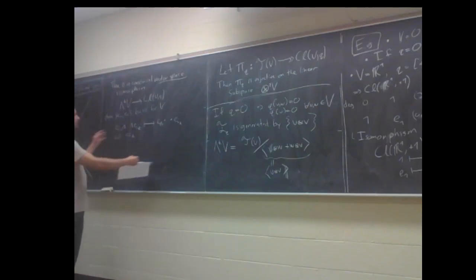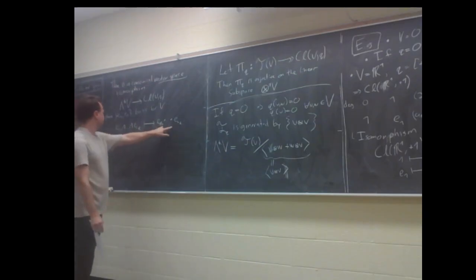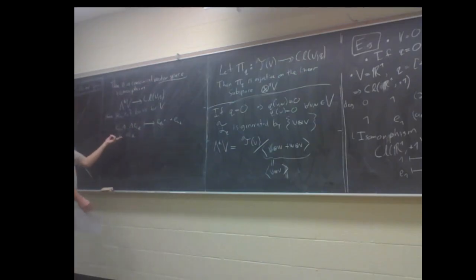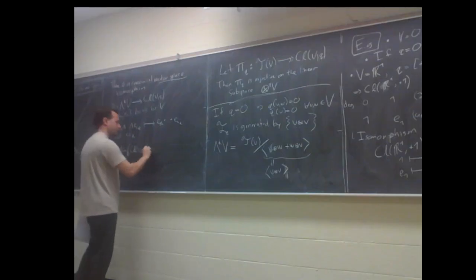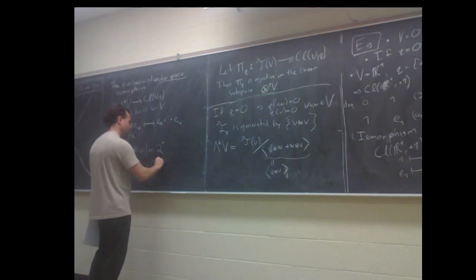It's just something to be aware of, that there is this linear isomorphism between these two, which means in particular that the dimension of the Clifford algebra over your base field K is equal to 2 to the n, where n is the dimension of V.